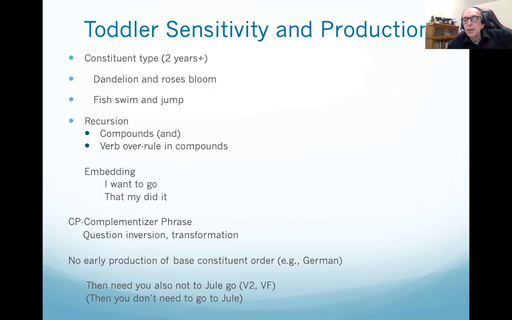Instead, the child very early on, between 2 and 3, children do not mess up constituent order. They produce sentences the way their language produces sentences, even complex sentences.